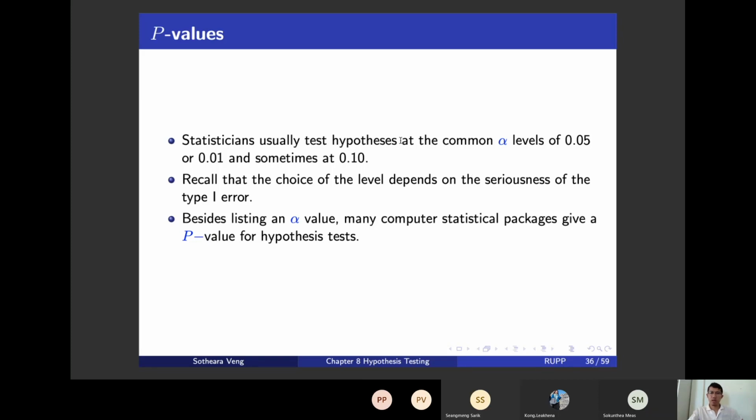If you choose alpha to be very small, 0.01, it means that you want the type 1 error to occur at only a 1% chance, right?